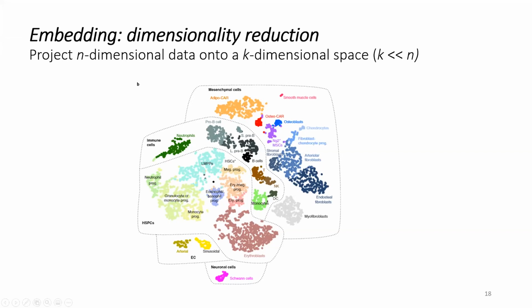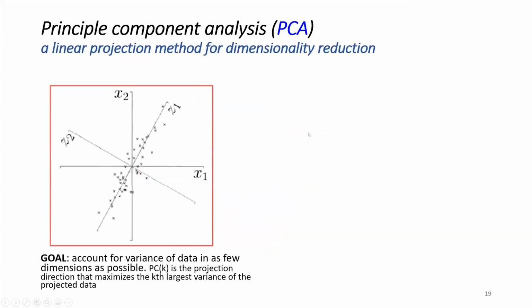This is a published paper that visualizes all of these different cell types. You can group them into mesenchymal cells, immune cells, and other cell types, and even at different stages: B cell, pre-B cell, pro-B cell, neutrophils. And this all relies on multidimensional embedding software.